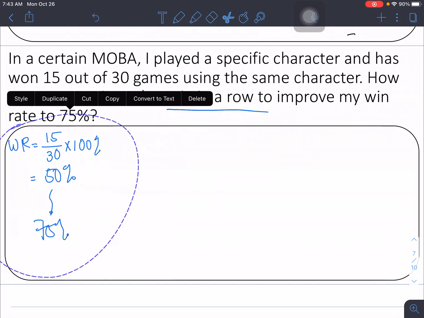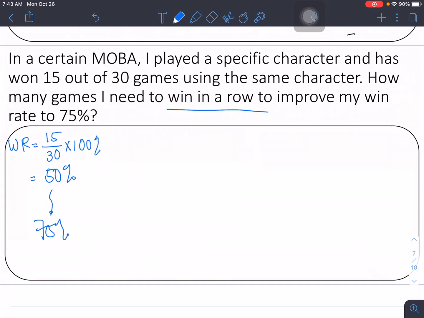So we must analyze this situation. My win rate should be 75%, which is 100% multiplied by the number of games won over the number of games played. Apparently I have 15 wins over 30 games.